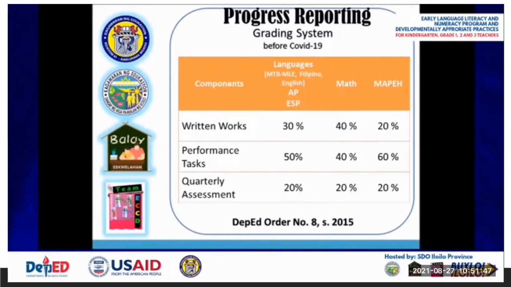Written works is a component that ensures learners can express skills and ideas in written form through essays, written reports, and outputs. Performance task.